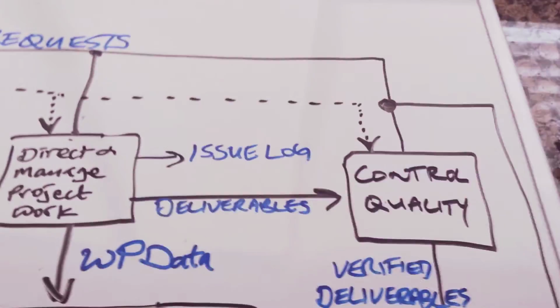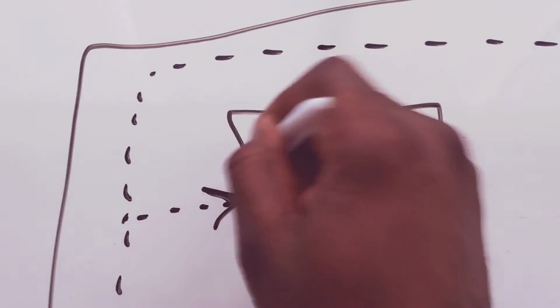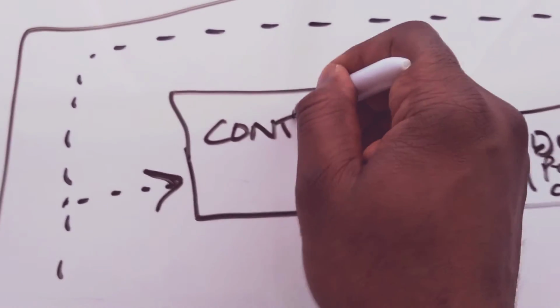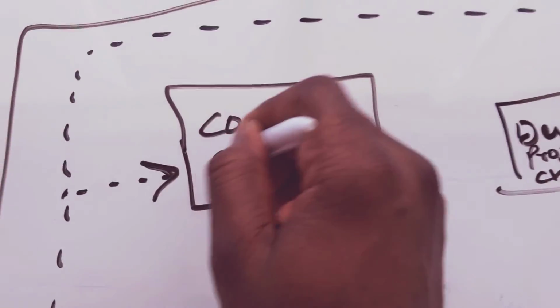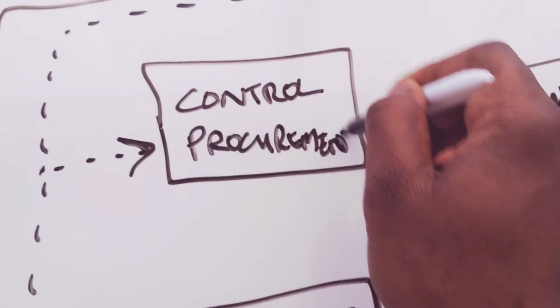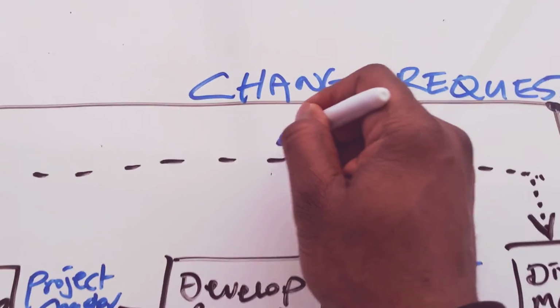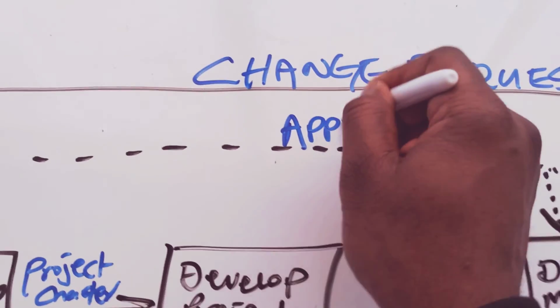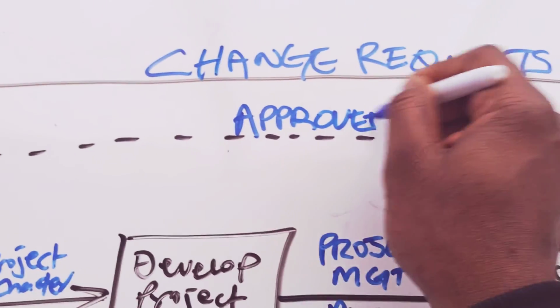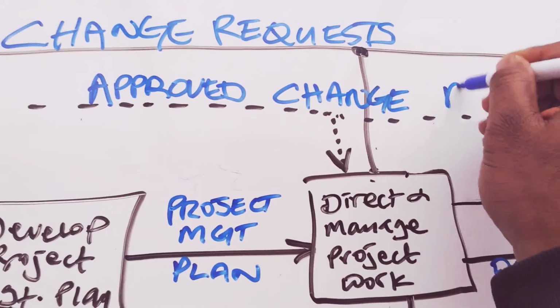control quality, and this same feedback loop goes into a process known as control procurement. And what is that feedback loop? What is that dotted line? I know some of you have already guessed. This is approved change requests.